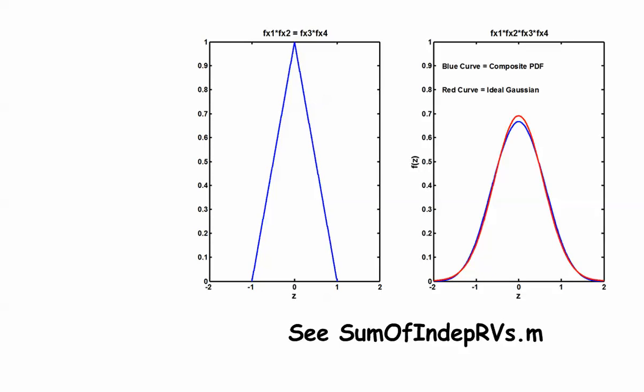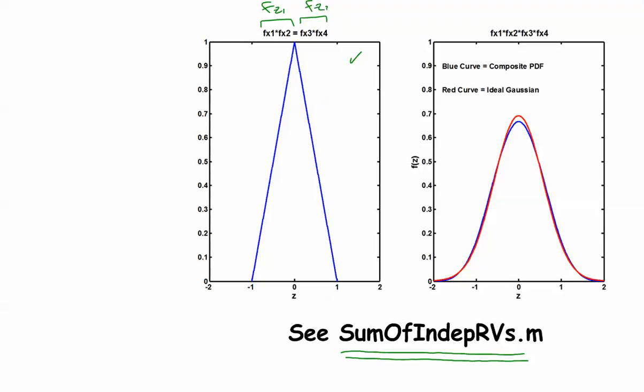First of all, I have made available to you a MATLAB M file that I wrote to calculate all this. It's called Sum of Independent Random Variables. It does this example of adding together 4 statistically independent uniform random variables. On the left-hand side, I'm plotting f_Z1 and f_Z2.